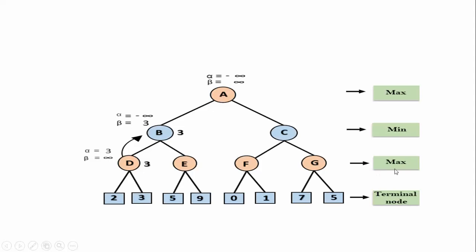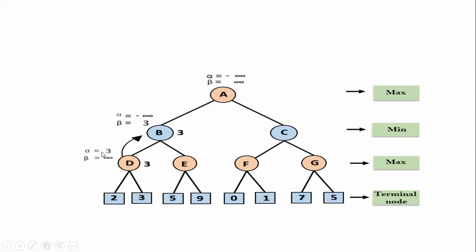Now we are at which level? Maximum level. Then you have to consider the maximum value. Then I am going to apply the backtracking at my step 3. I will slowly explain. Initially the value of alpha is minus infinity. We are at maximum level, so I am going to consider the maximum value.